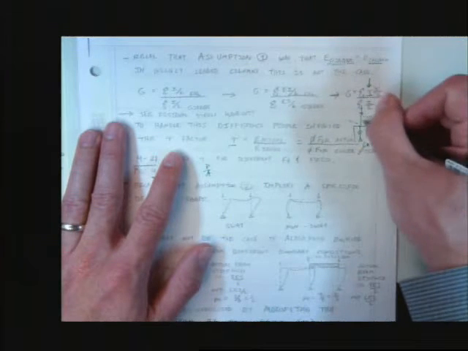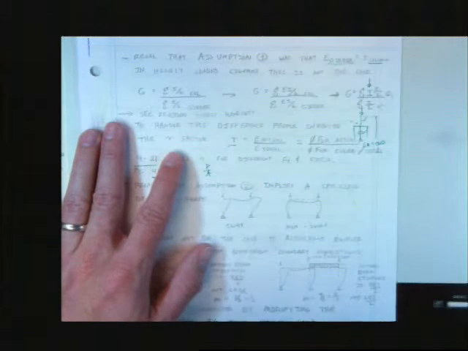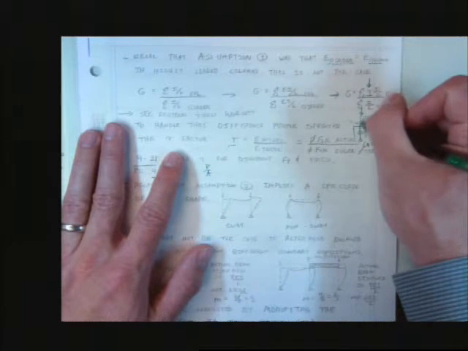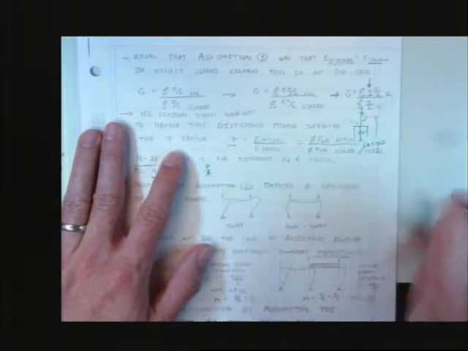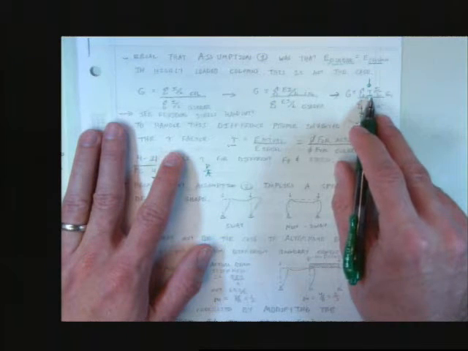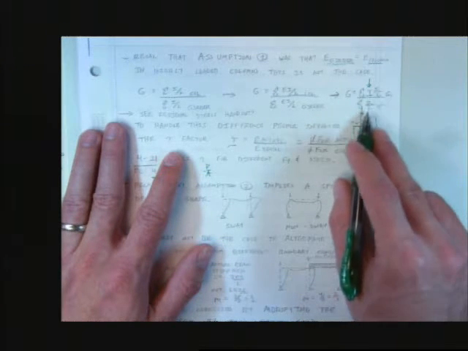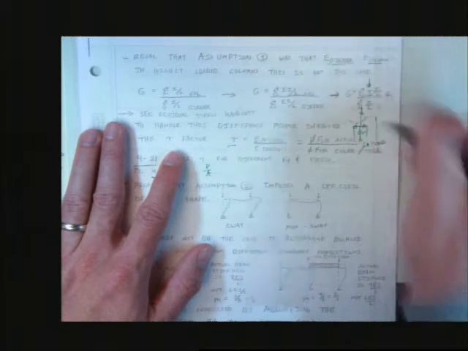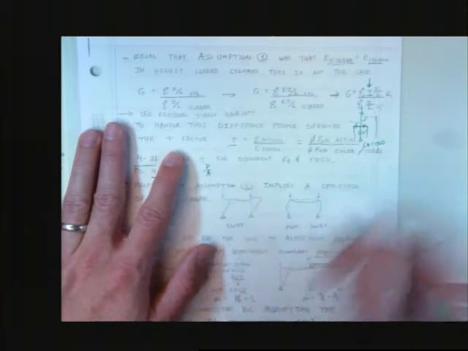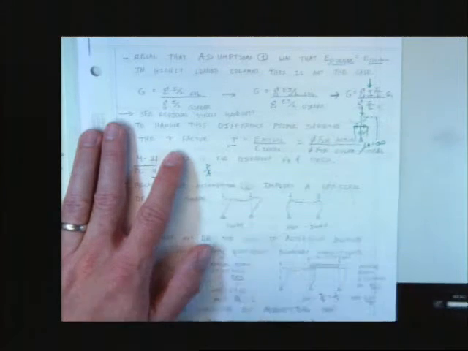For now, you'll have a column on the top and a column on the bottom. You'd find a tau for the top and a tau for the bottom, and that's going to go in the numerator. Then for the denominator of the G, there's a beam here and a beam here, so you're going to find the I over L for the beams on both sides.